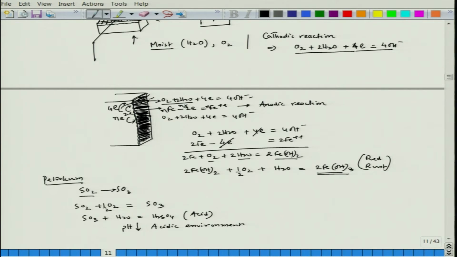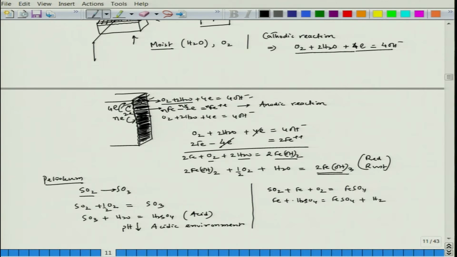So, now this H2SO4 can react with iron and can form FeSO4 and H2. So, this situation can arise.